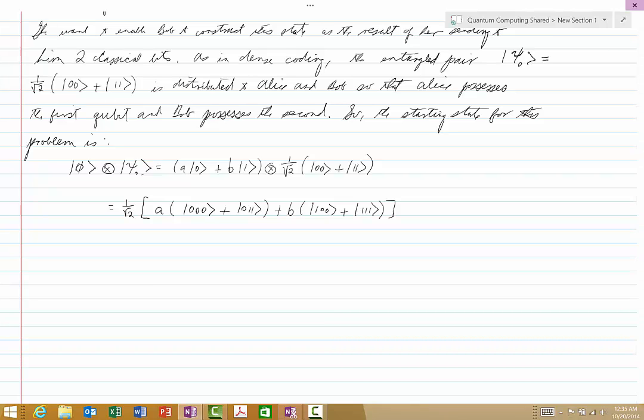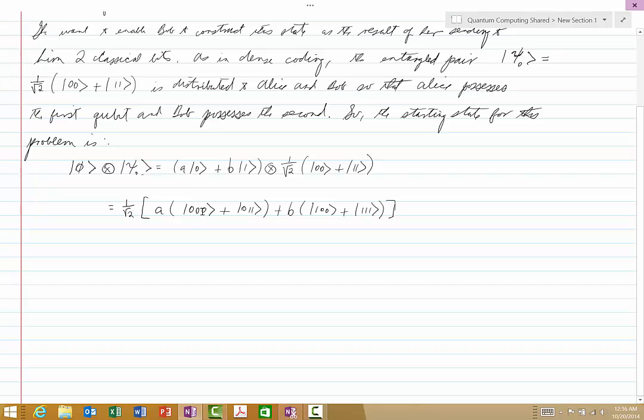Now, what Alice will do is essentially the reverse of what Bob does in the dense coding problem. Keep in mind that Alice controls the first 2 qubits, because she has the unknown state, and then she has the first qubit of the entangled pair.